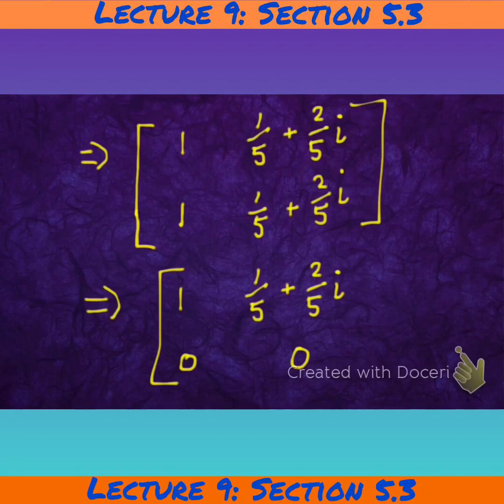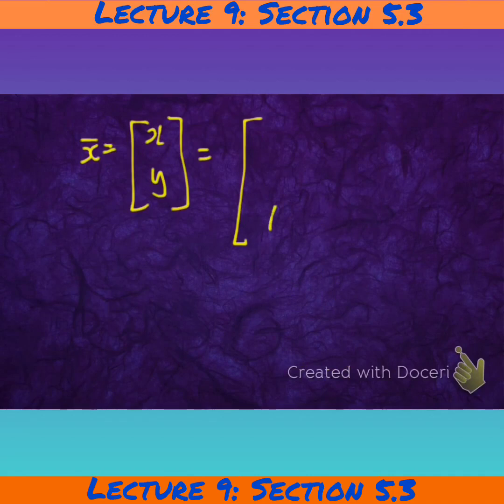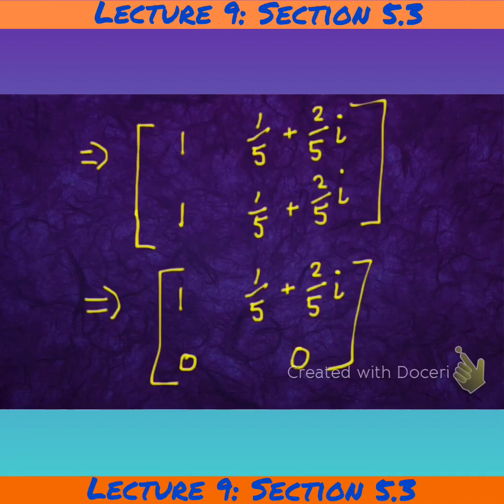Okay, so now it's easy to find the basis. Again, introduce the parameter t for the variable y. We can then go and solve for the variable x in terms of the parameter t.